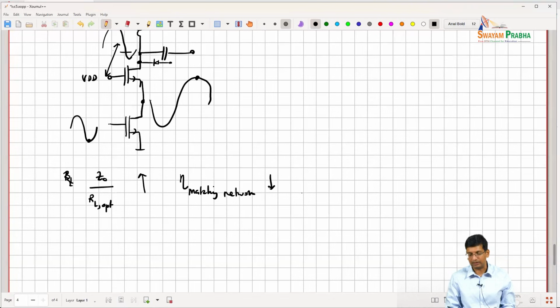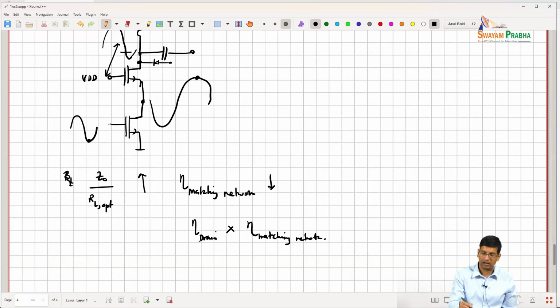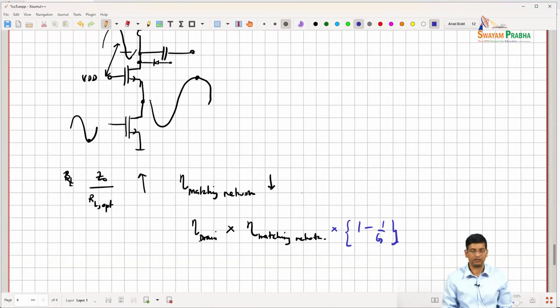And I can think that my overall efficiency is actually my drain efficiency times my matching network efficiency. And if I want to capture the impact of the PAE, then I can write something like this.